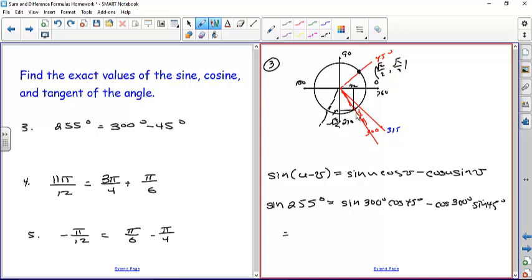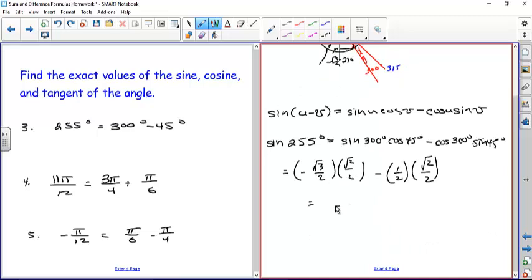So the sine of 300 degrees is negative the square root of 3 over 2. The cosine of 45 is square root of 2 over 2. Then they subtract the cosine of 300, which is a half, times the sine of 45, which is the square root of 2 over 2.